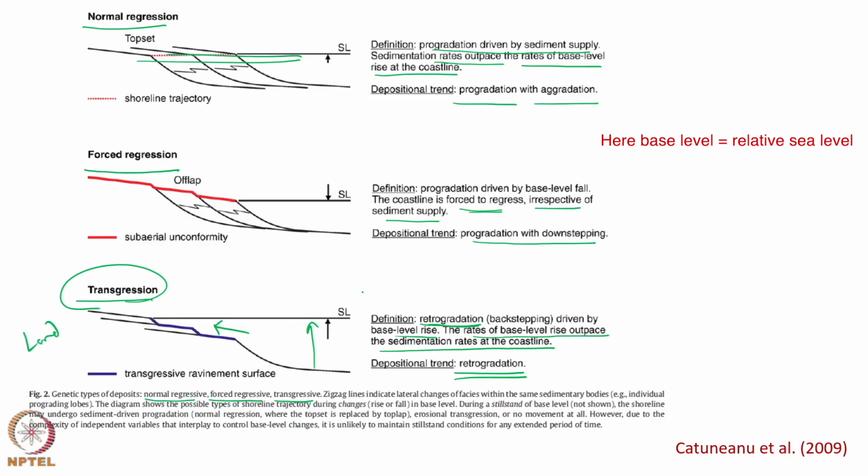This is the land side, this is the ocean side. In the case of progression with downstepping, when I was telling, that has to be added. When the forced regression happens, these portions get exposed and that is why subaerial unconformity develops and new deposition goes in this direction. That is why we say it is a progression with downstepping.